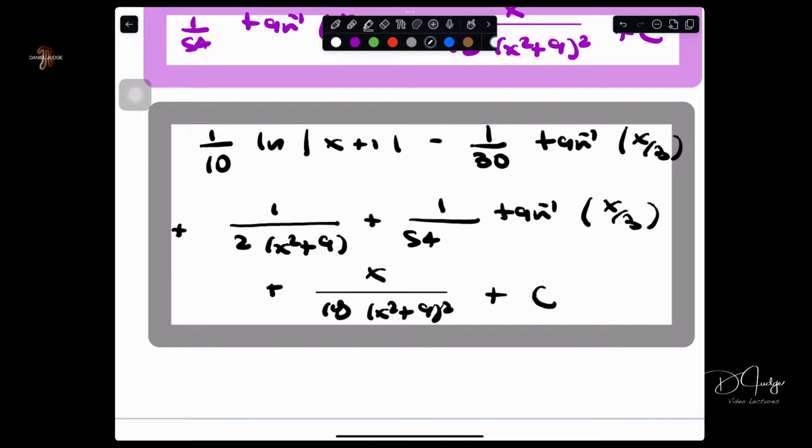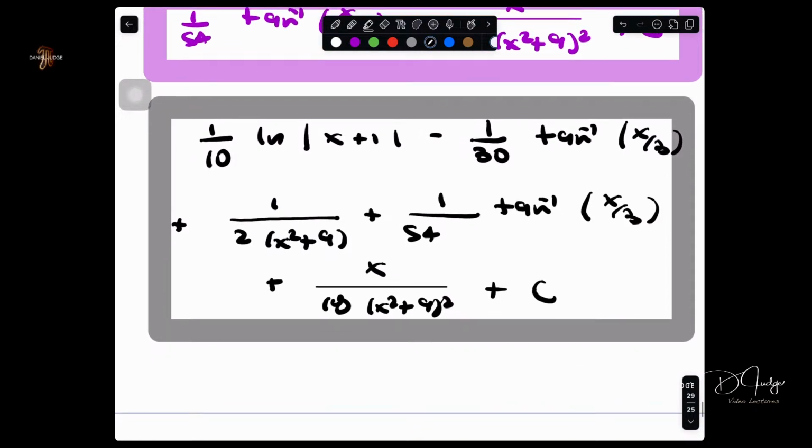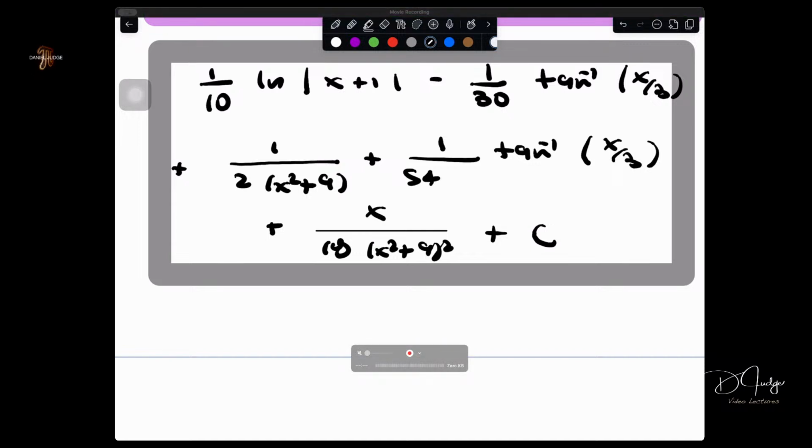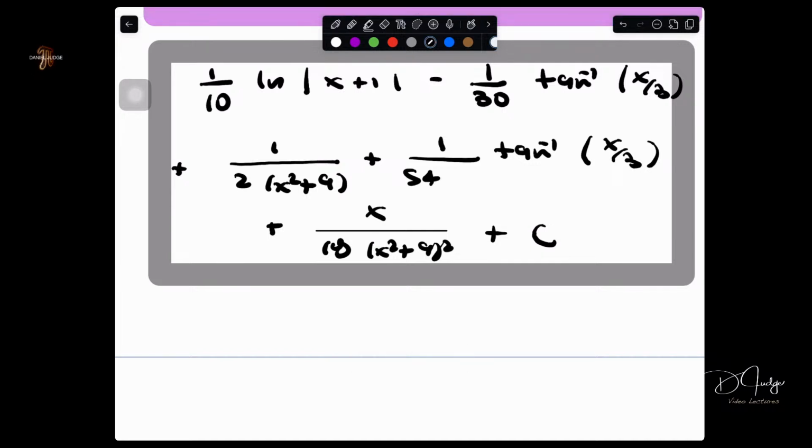And I'll share that with you guys. So I'm going to send this out to you guys. It looks like we could combine the inverse tangents, 1 over 54 minus 1 over 30. Let me see, I might do that in the TI. You guys can't see that, but maybe I might be able to get you to see that. Let's see what I can do. 1 over 54 minus 1 over 30. Okay, TI, let's wake up.